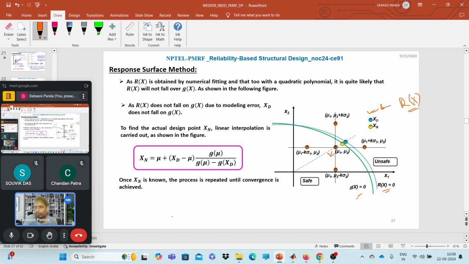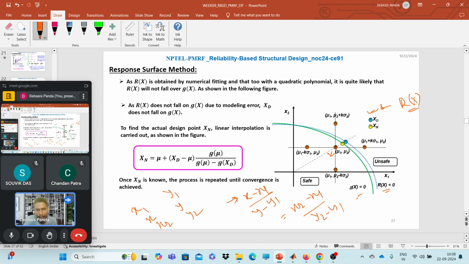How? A simple interpolation: if you have x1, x and x2, y1, y and y2, the interpolation says x minus x1 divided by y minus y1 is equal to x2 minus x1 divided by y2 minus y1.